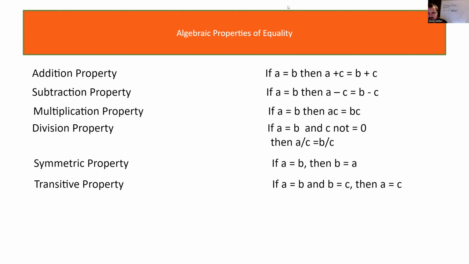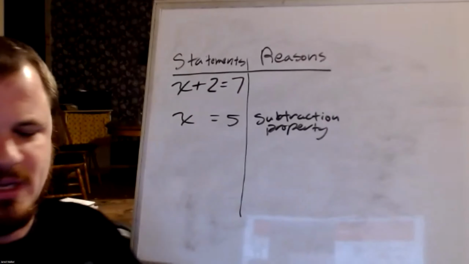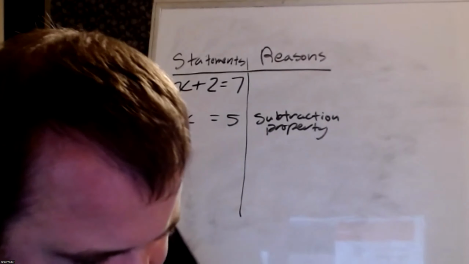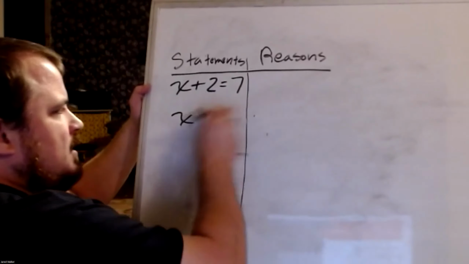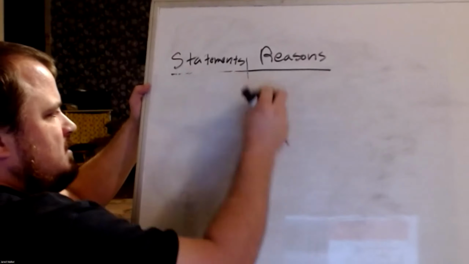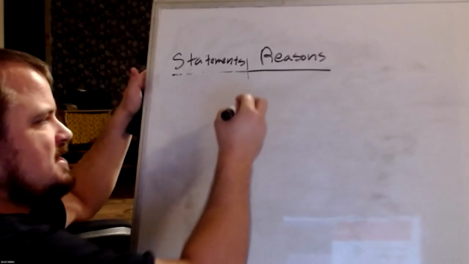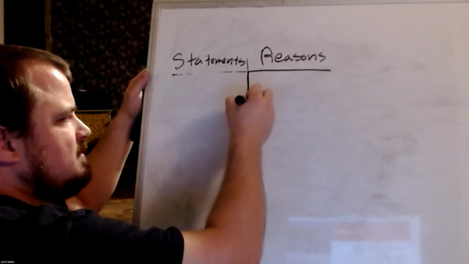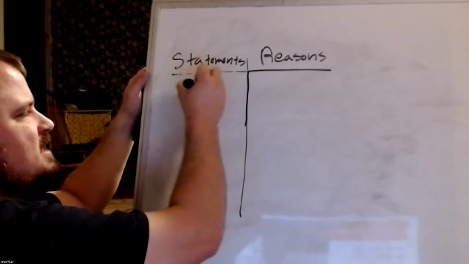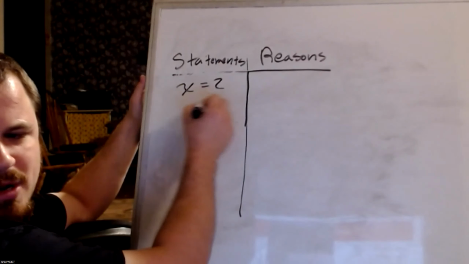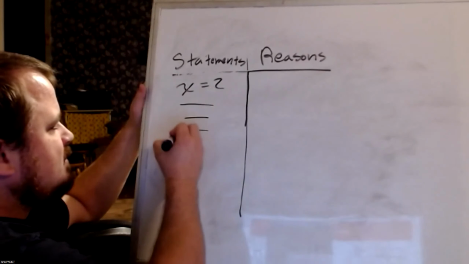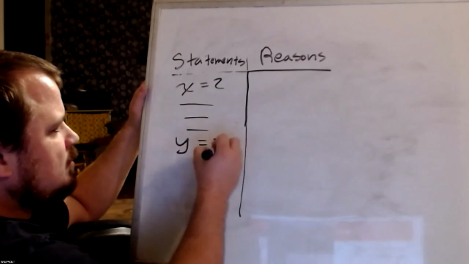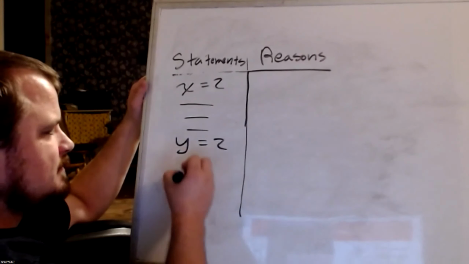So let me put an example up here of this. If we're doing some type of math problem, and somewhere in here we established that x equals 2, and then we do a bunch of other statements, and then somewhere down the line we establish that y equals 2.